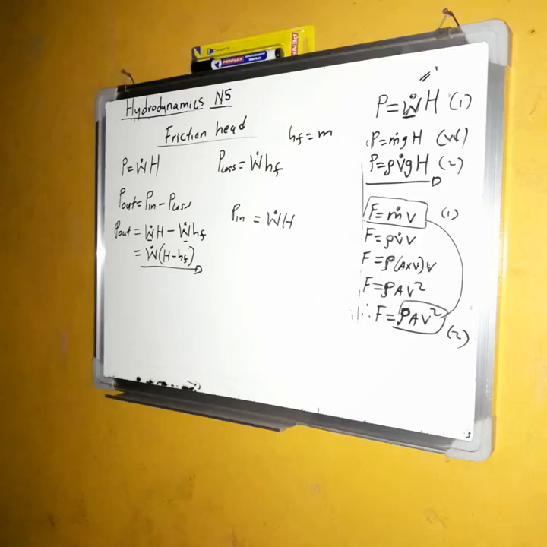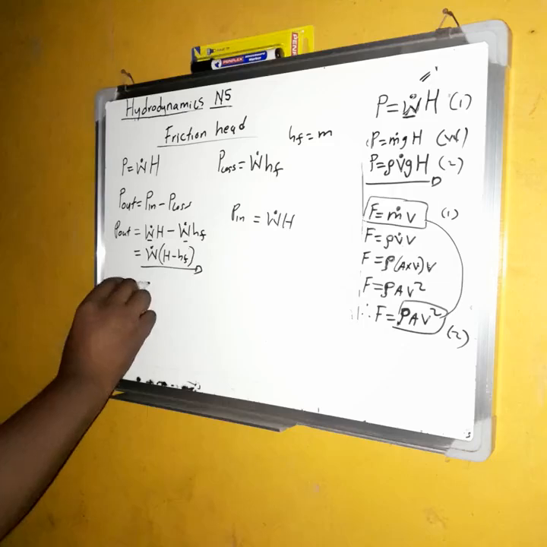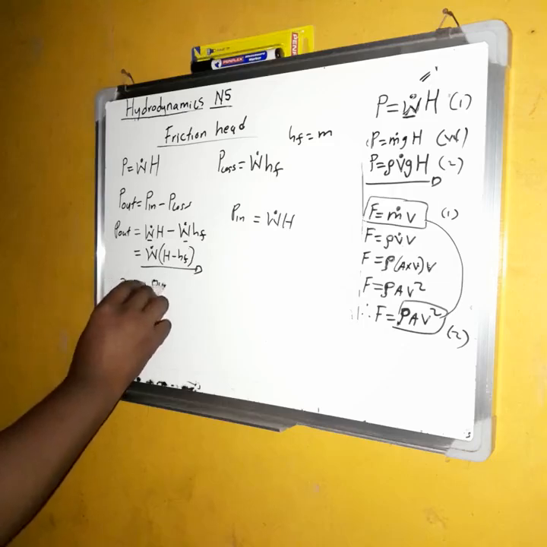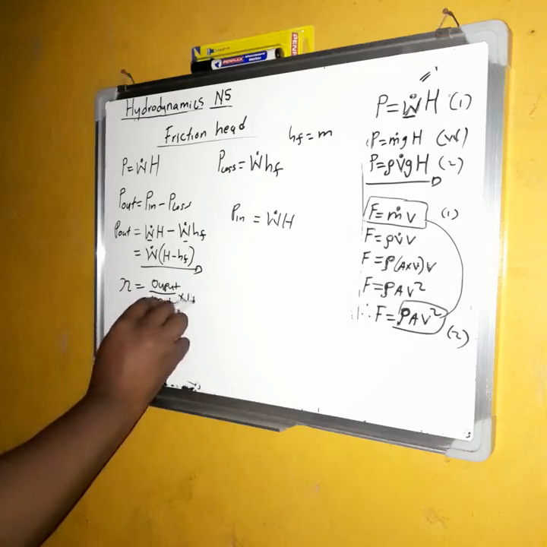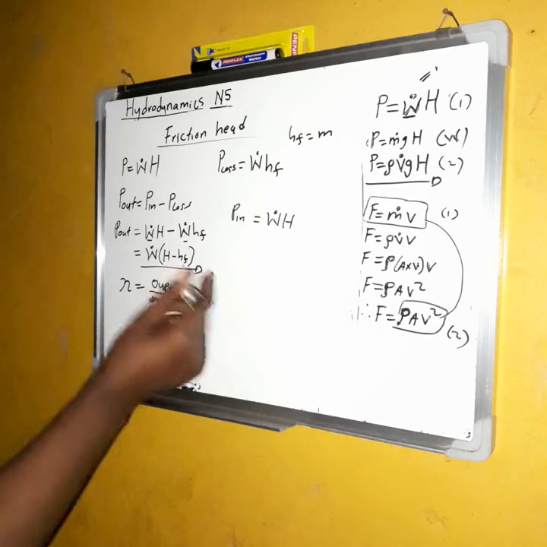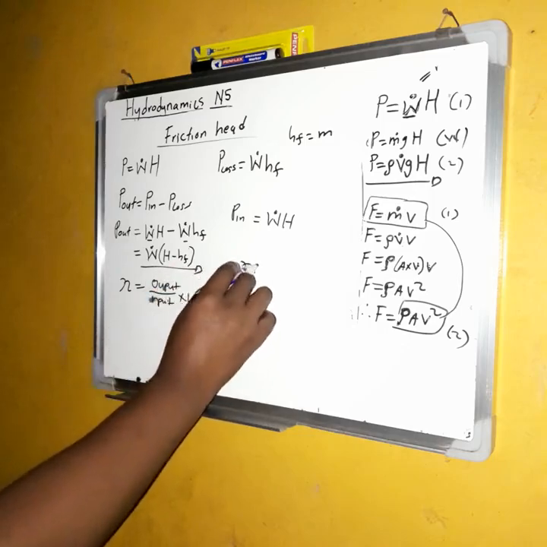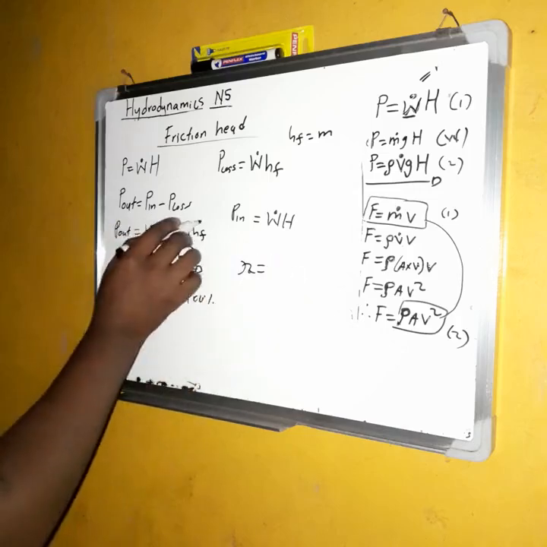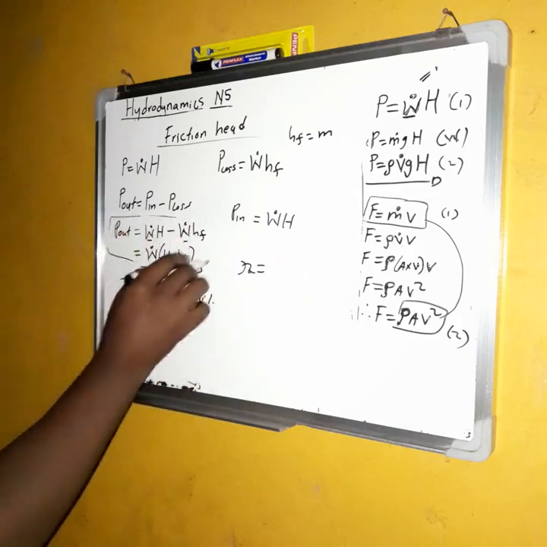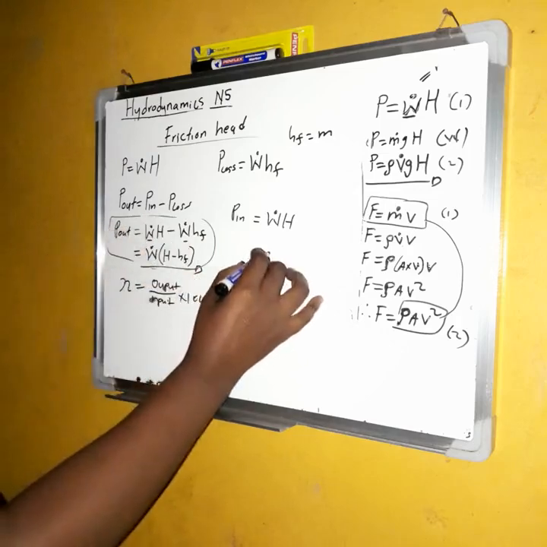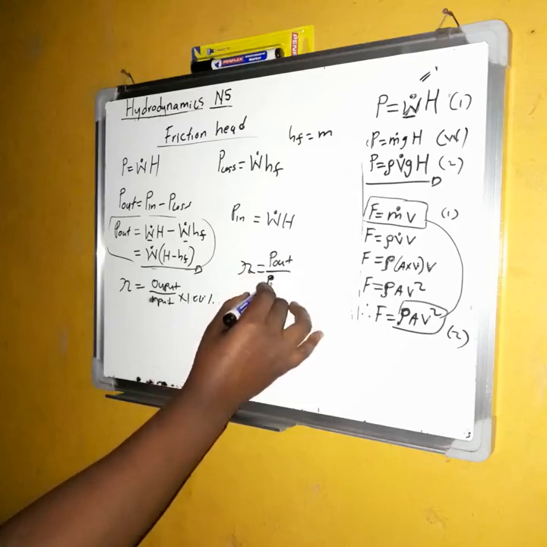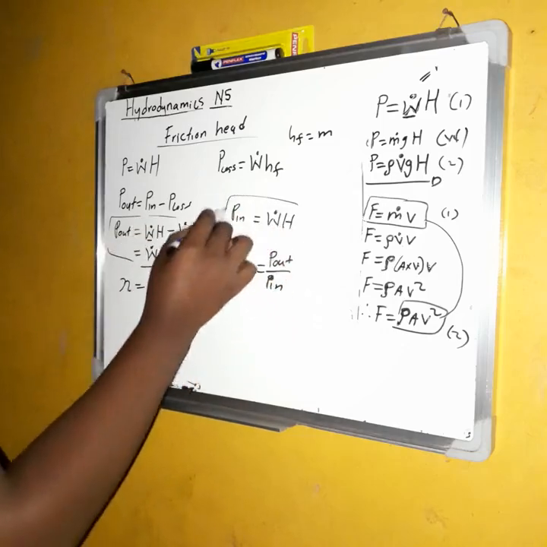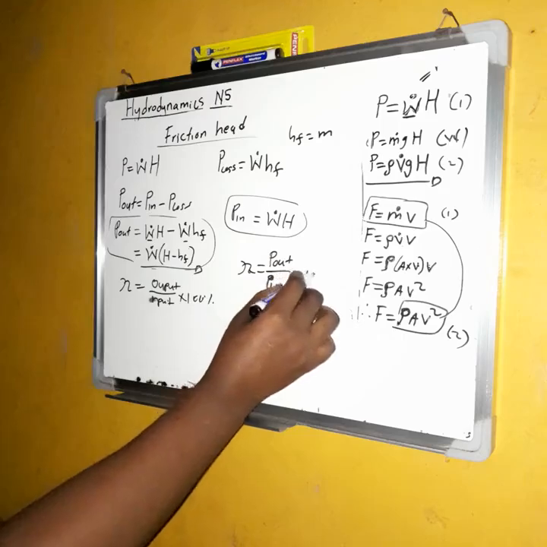Obviously, efficiency, we know that efficiency is output over input multiplied by 100%. So in other words, this will be output power, P out, over P in, multiplied by 100.